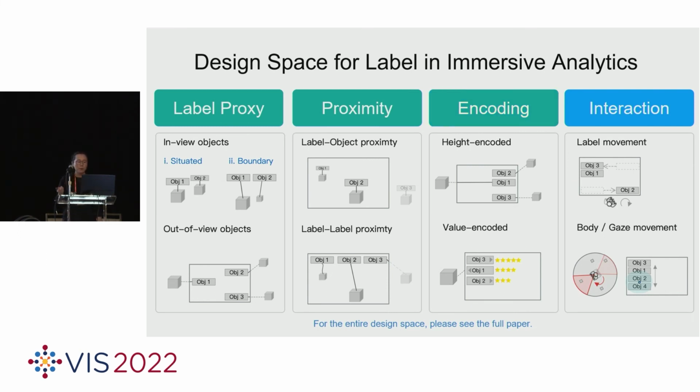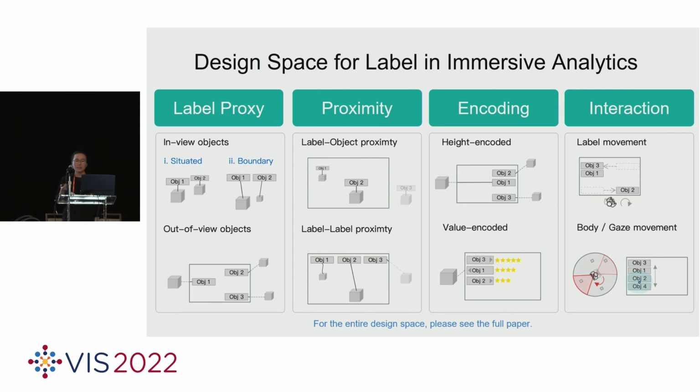Third, label placement can encode different object attributes to provide extra information, such as encoding the vertical position or the direction, or ranking the labels by the value to allow value comparison. Finally, to support spatial search, we also consider how AR labels update in response to user interaction. Designers can consider the label movement pattern on the AR screen, or whether the labels react to the user's body or gaze movement.